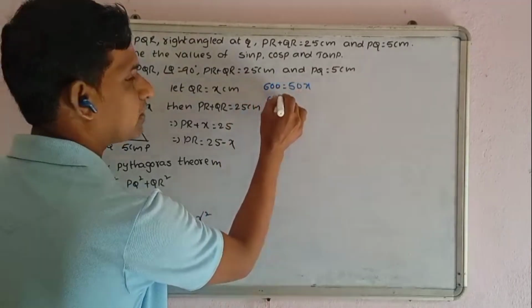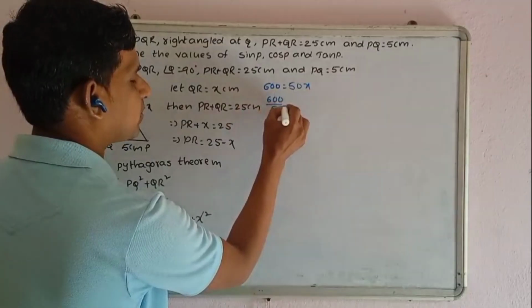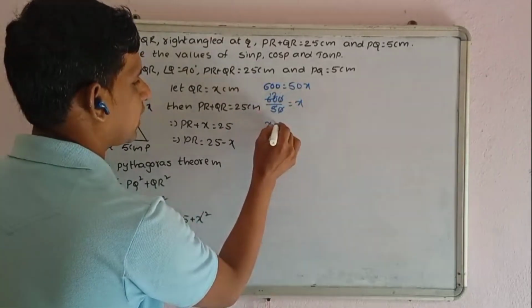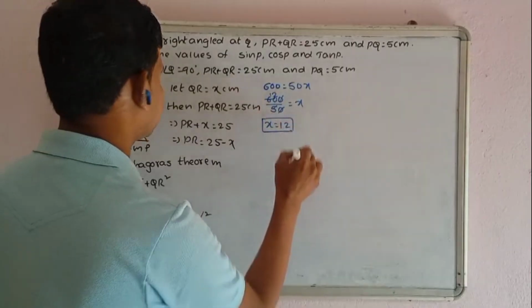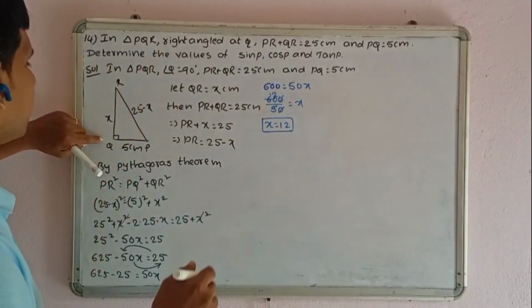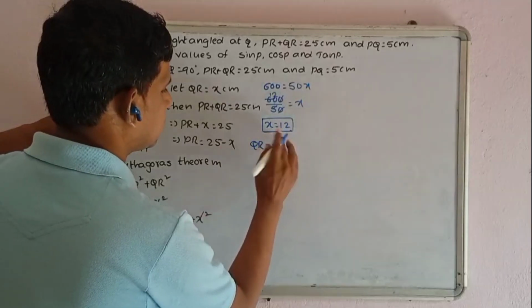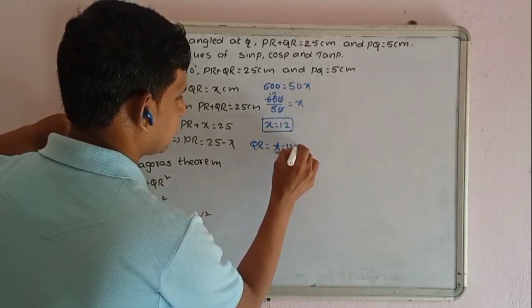So 600 divided by 50 equals x. Zero cancels, 5 twelves are 60, so x equals 12 centimeters. Therefore QR equals x equals 12 centimeters.